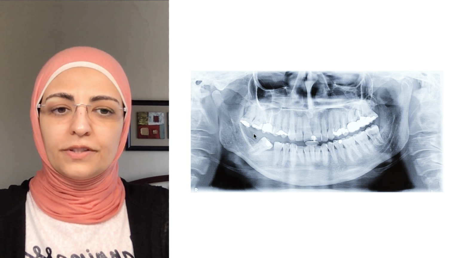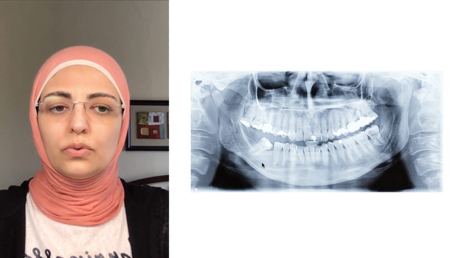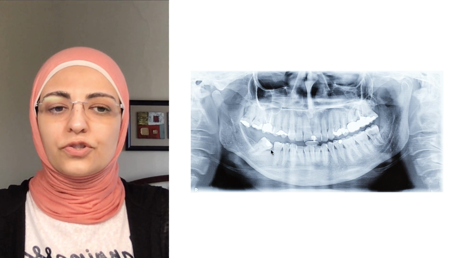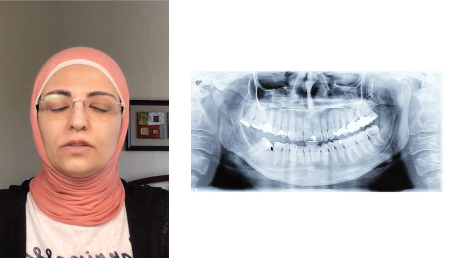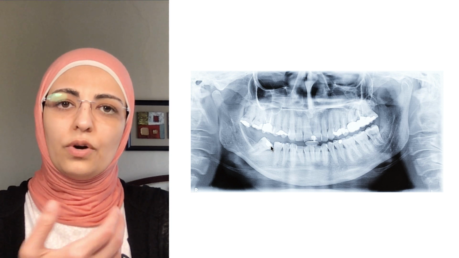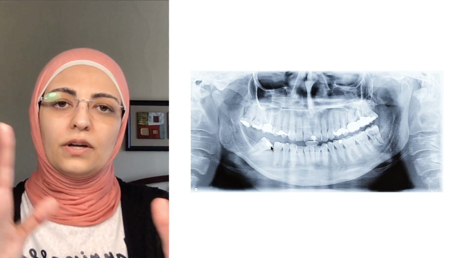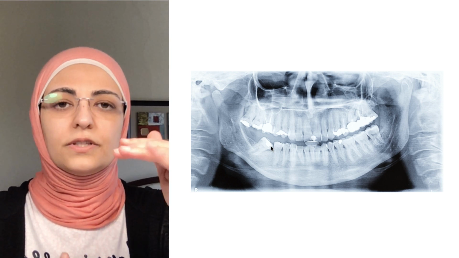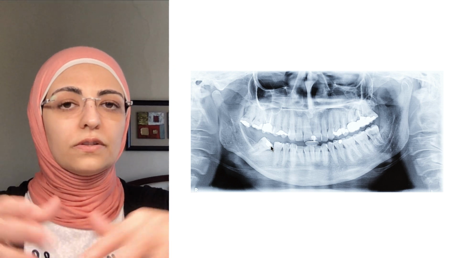One important thing in this x-ray is when you lose teeth and you don't replace them. Some people will extract, let's say, a first molar, and they don't replace it with an implant or a bridge, and this will lead the adjacent teeth to start moving into the space and the upper teeth to start going down, leading to interference.